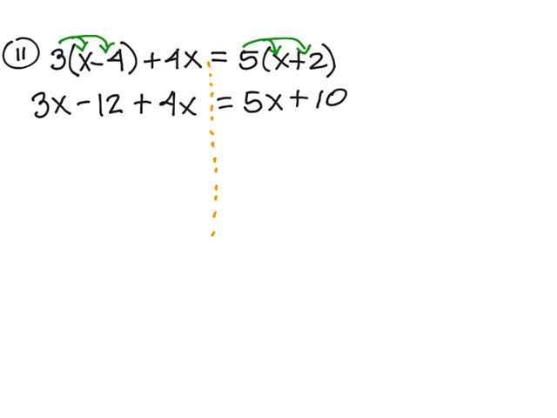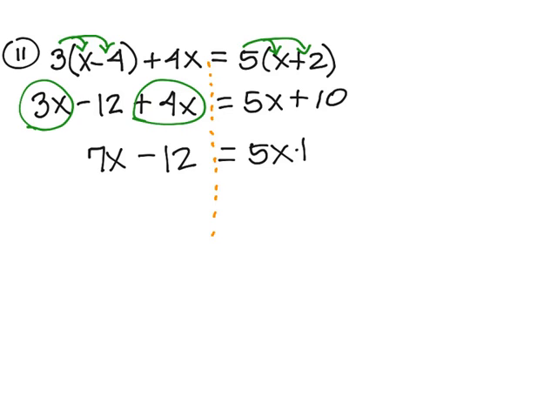And then on my left side, can I combine? Before I start moving stuff, you need to combine what you can on each side. On the left, I can say 3x plus what? 4x, which is 7x. Good. Bring down minus 12 equals 5x plus 10.